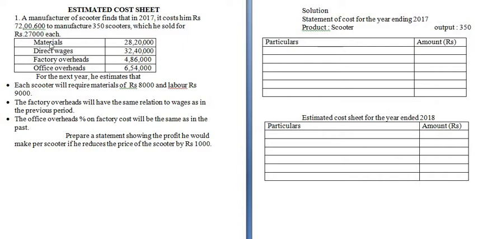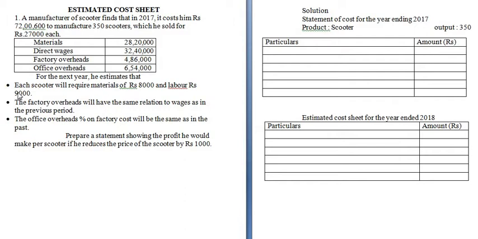Now here they have given materials, direct wages, factory overheads, office overheads. Whatever information they have given in the chart relates to 2017. The additional information they have given is related to 2018.